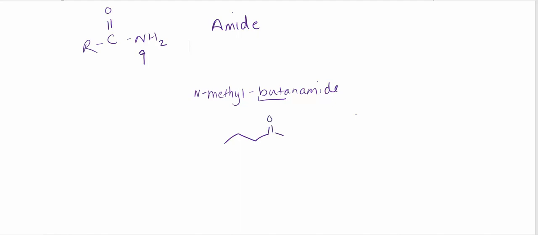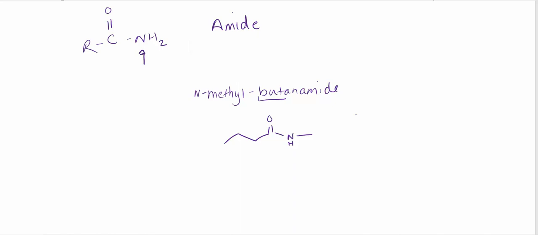The amide tells us we have this kind of a group. The N-methyl tells us we have a methyl attached to that nitrogen. Now remember, hydrogens are usually implied. I'm going to put this one in just for convenience sake. So this would be N-methyl butanamide.